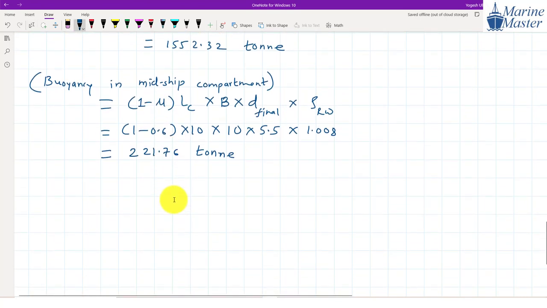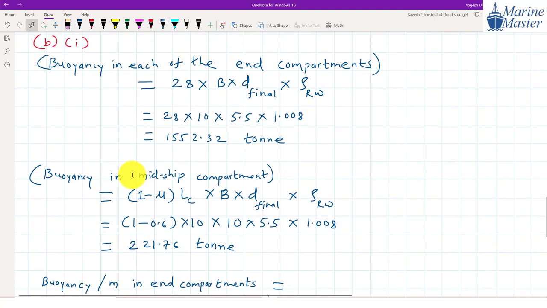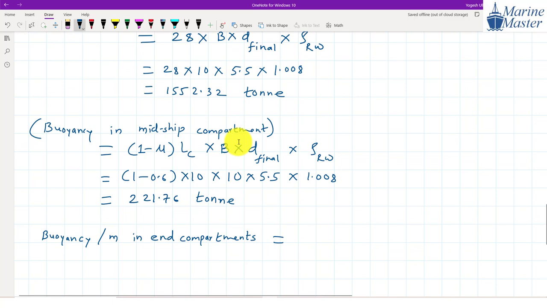So now buoyancy per meter, guys. See this one. Buoyancy per meter in end compartments. How much buoyancy did we get? 1552.32, and the length of each compartment is 28 meter.